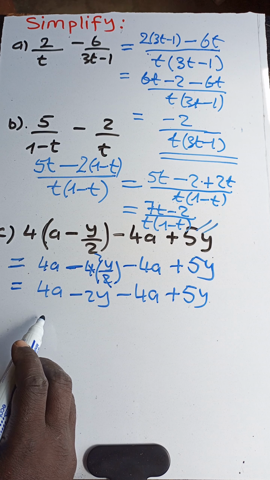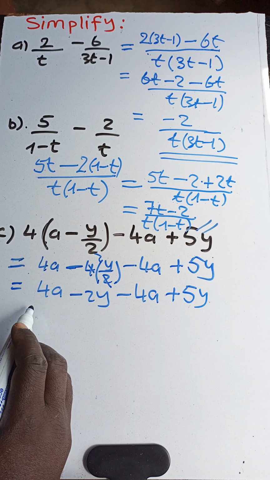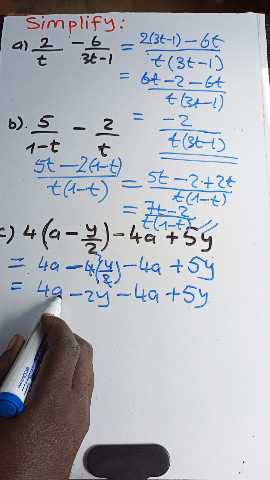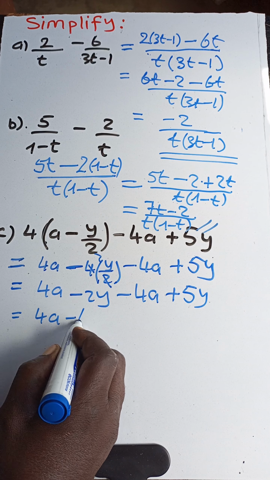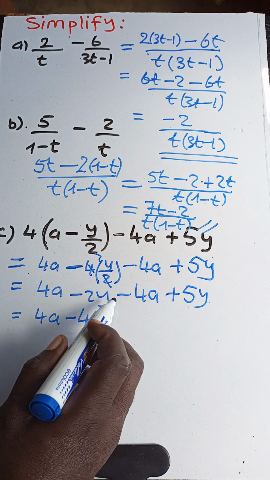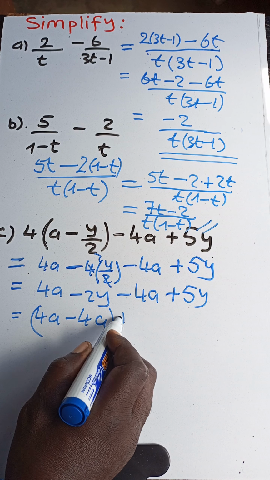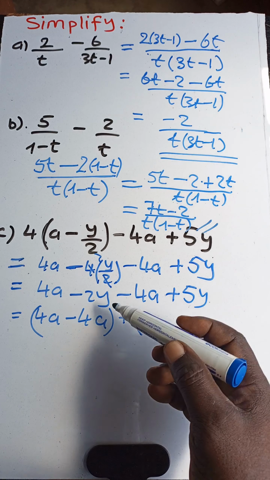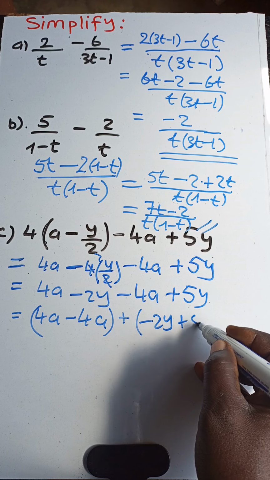Okay, at this level we see a terms and y terms, so we bring like terms together. So we say 4a minus 4a, taking this and this. All right, we brought them together, and then we bring the y terms together. This is negative 2y plus 5y.